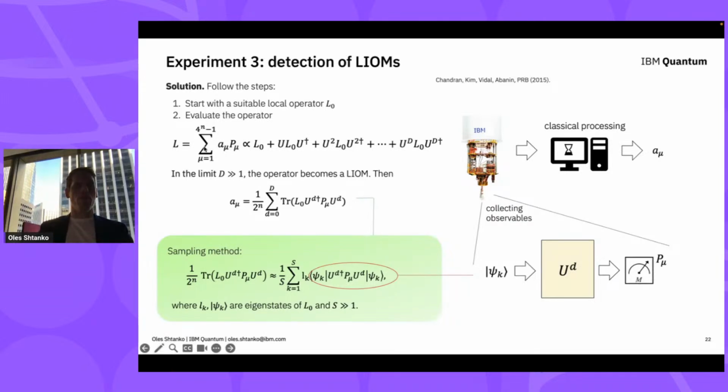And then we take operator L, which we want to be an integral of motion, and take it as a sum of our initial guess, plus its time evolution in the Heisenberg picture with 1 time step, 2 time steps, etc. And it is a simple mathematical fact that if you keep going, if you keep summing all these terms, if you push it to infinity, L will be an exact integral of motion. Of course, in real life, we need to truncate it somewhere, but it's a good strategy.